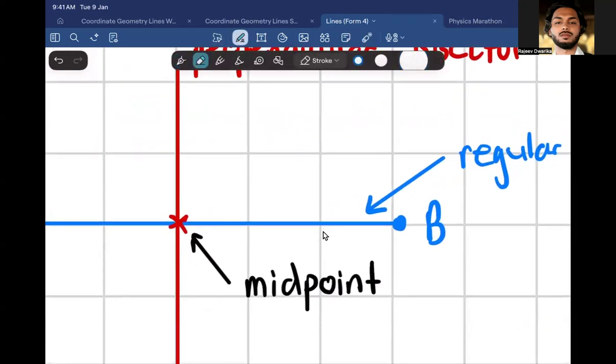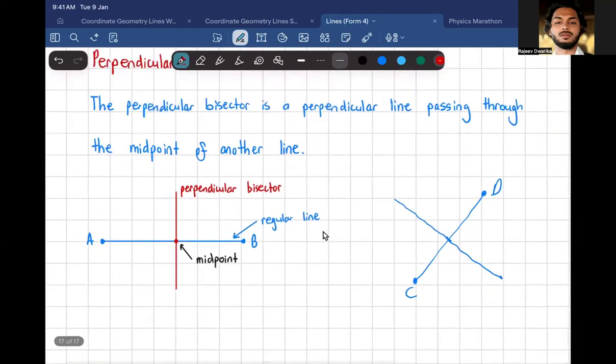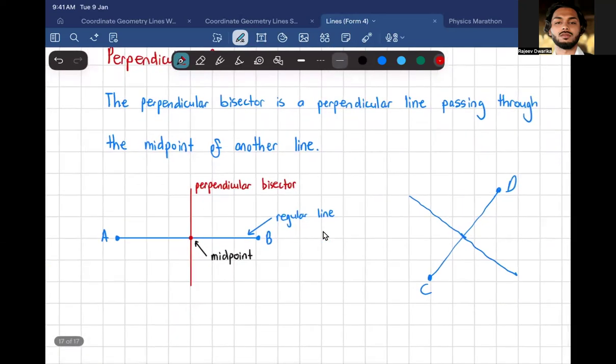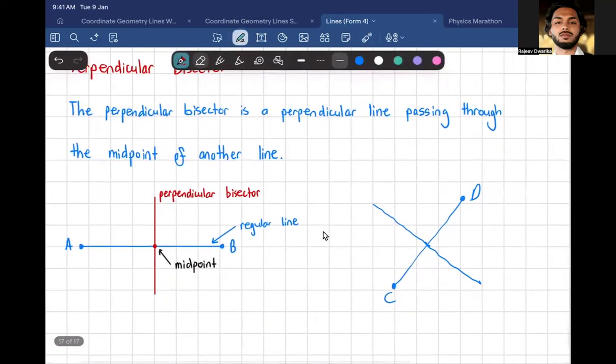Most of you typically see points. If you're doing physics, your teacher would probably have shown you other ways to represent points, but for the sake of maths, just denote it as a point. So Sienna, sounds like you understand it. You have a line, draw a perpendicular line through the center. That's it.